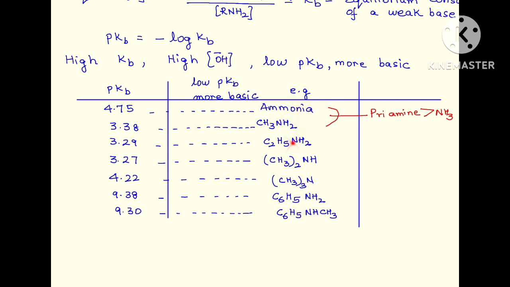Now let's compare methanamine and ethanamine. Look over here. Again, when I compare these two, which of these is more basic? Look at the difference, 3.38 and 3.29. Yes, lower the value, more basic it is. So ethanamine is more basic than methanamine. You have all the reasons in place.